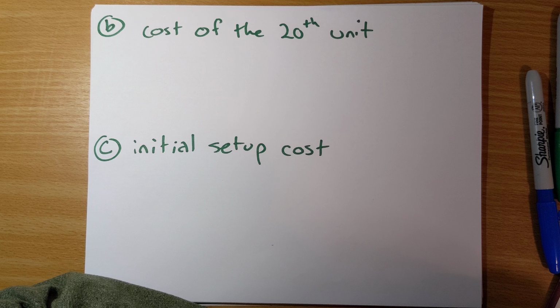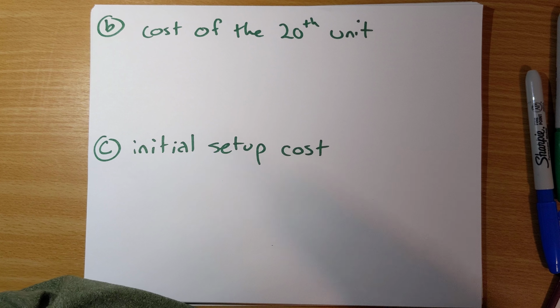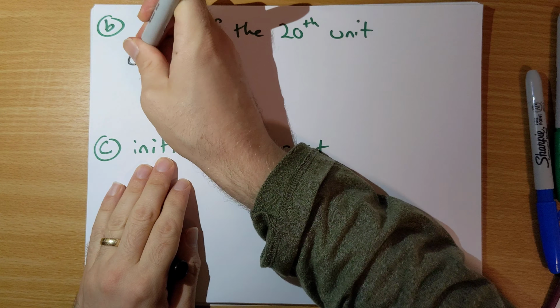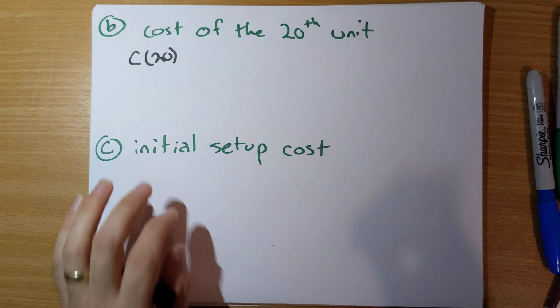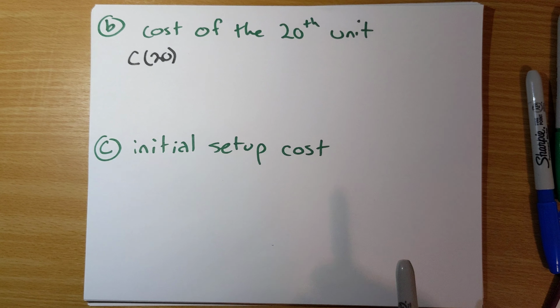And so we've already produced 19 units. And then we want to produce one more unit to get to 20. So we've spent C of 20. This is the cost that we've done to produce all 20 units.